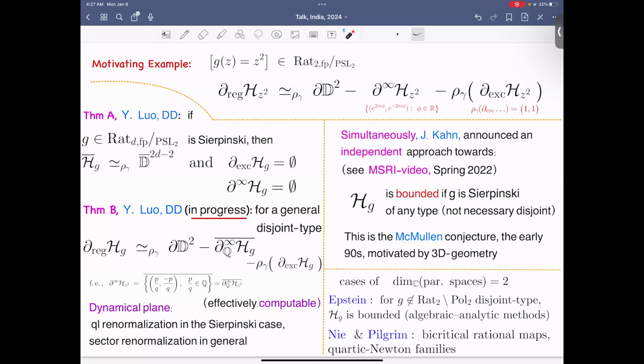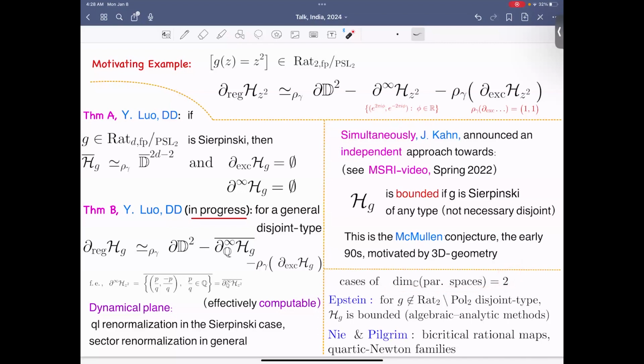So in our situation, we look at Siegel disks, so I'll tell more soon. And we understand how they come close to each other, and therefore we can say more for the non-Sierpinski situations, but we really work in the disjoint type. Before that, little was known in the space of rational maps. There were some cases where the complex dimension of parameter spaces was two.